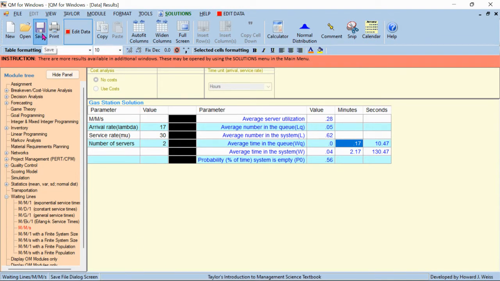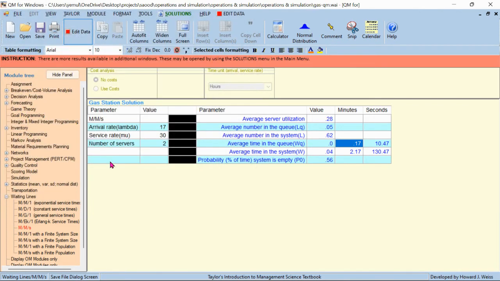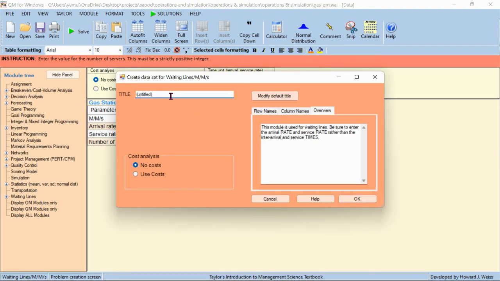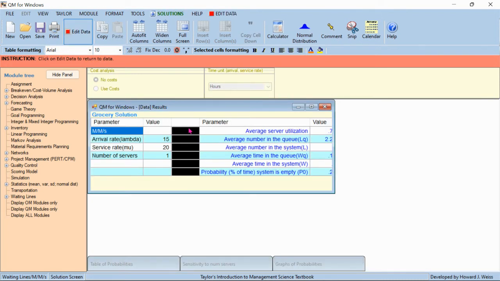I'll save the old file as gas QM, and open one more new file, which I will call grocery. Here lambda, that is arrival, is 15, service rate is 20, and number of servers is 1. Enter and the answers will come.